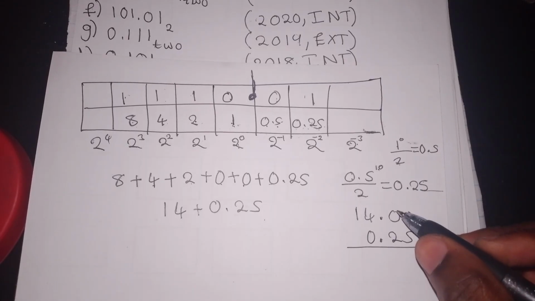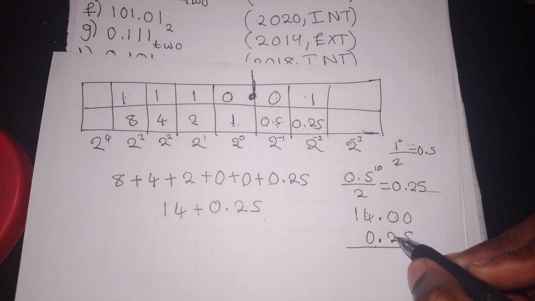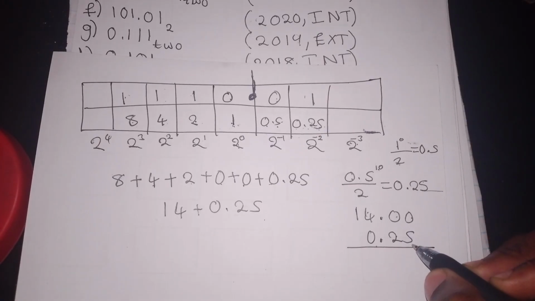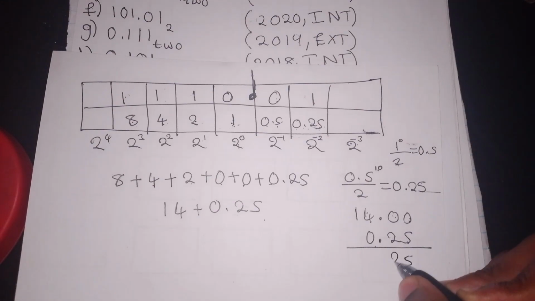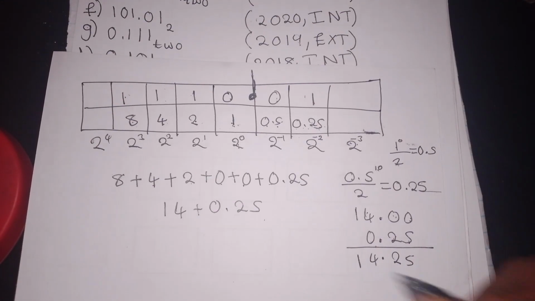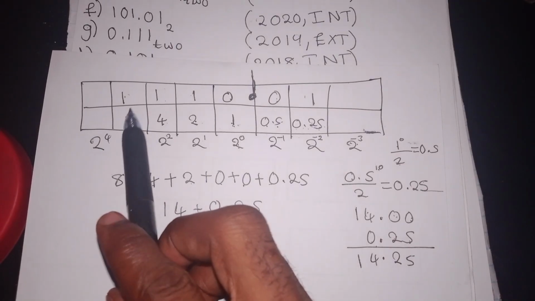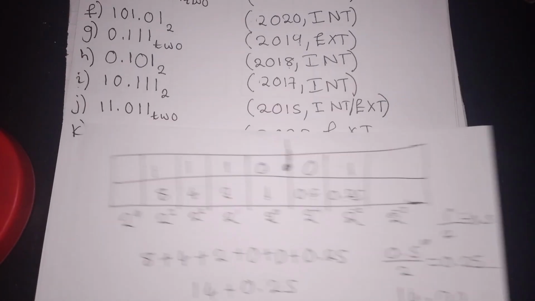The idea is to add the ones with the ones, the tenths with the tenths, the hundredths with the hundredths. So you have a 5, a 2, then your decimal point, then a 4, and a 1. So this number in base 10 is 14.25.